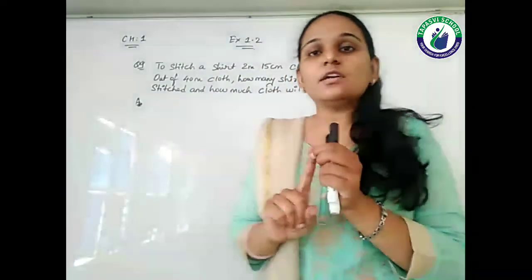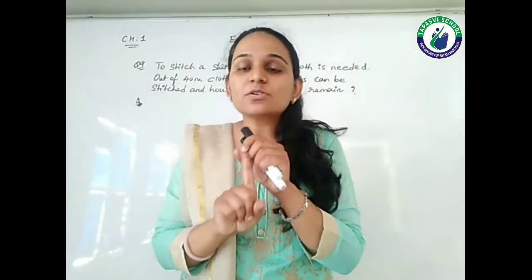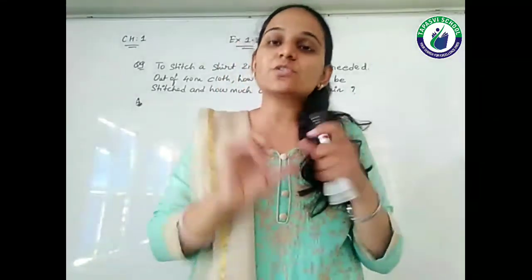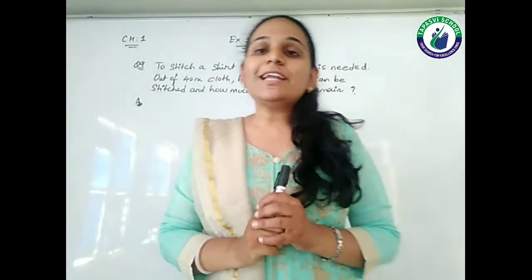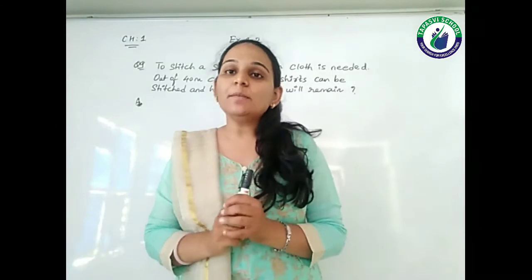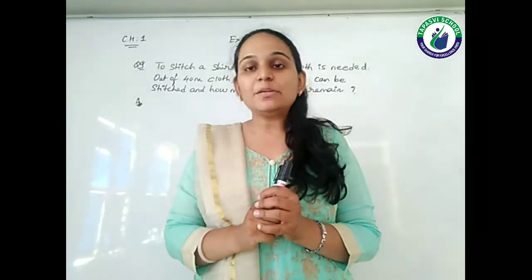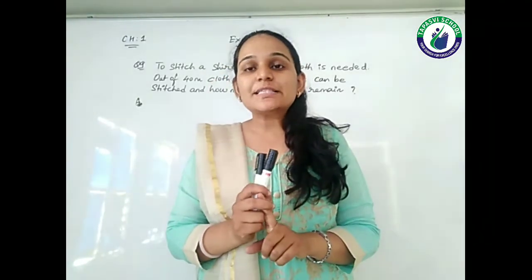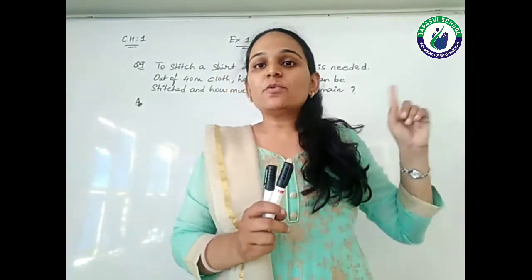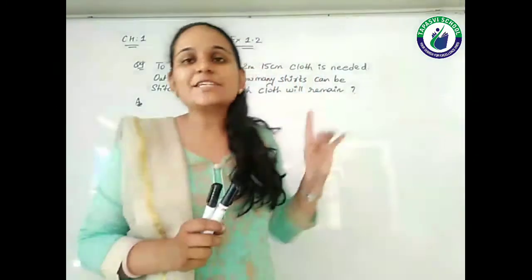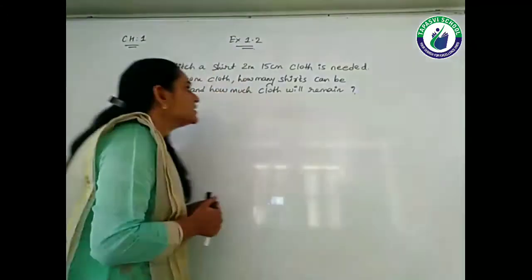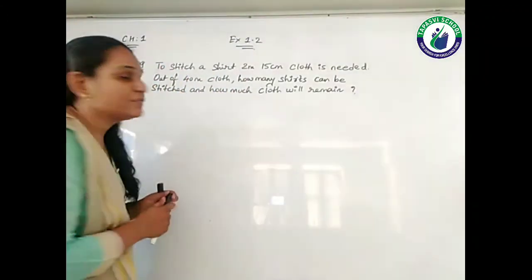So we need to convert everything into one particular unit. I am going to convert the entire units into centimeter. What is the relation of meter and centimeter, students? 1 meter is equal to 100 centimeter. So I am going to convert the units of the shirt as well as the total cloth. Now let's see the calculation, students.